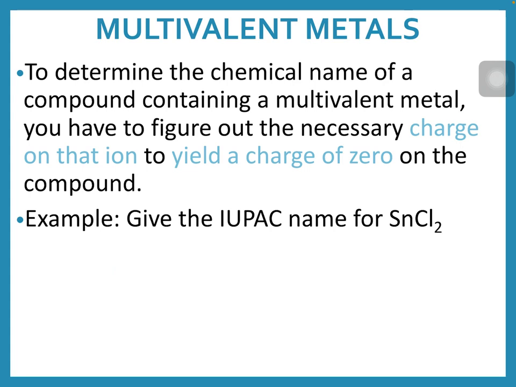So for example, I have tin chloride here. Chloride I already know is a 1 minus. So if I work backwards, I have tin and I have chlorine. And if I do my crisscross reverse, the 2 goes there. There was a 1 here for the tin, which isn't shown. So that means I have a 1 minus and a 2 plus.